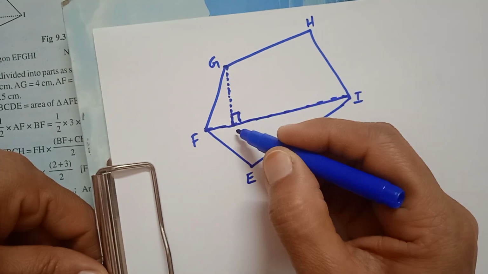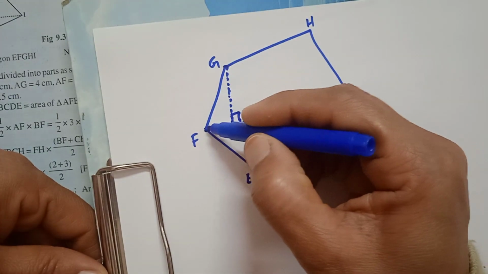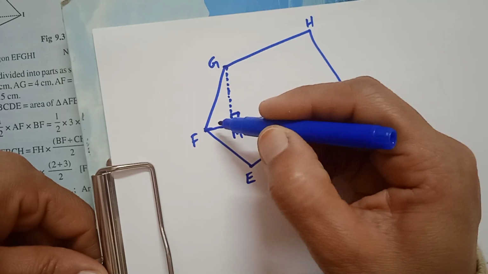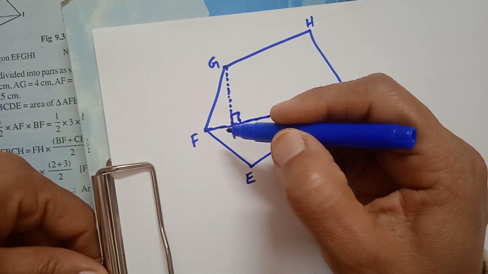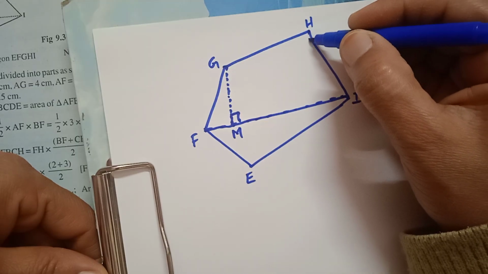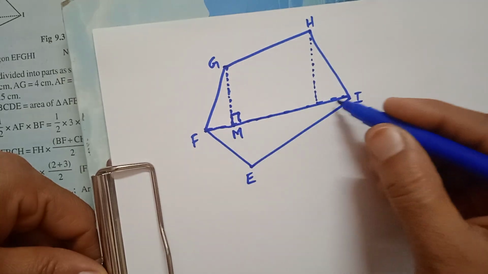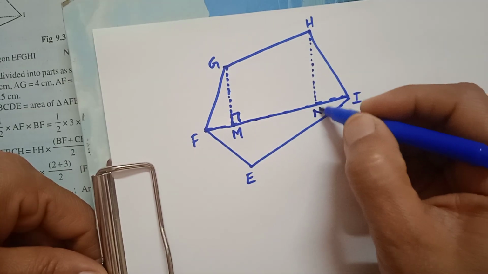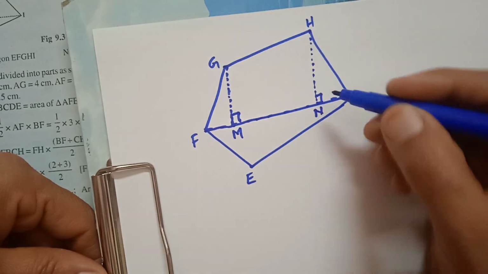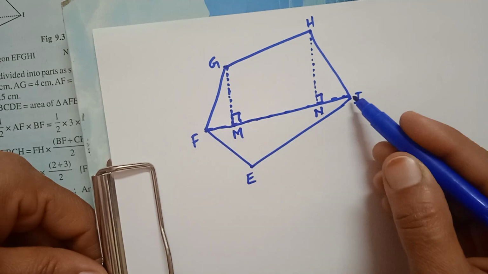Say this point is M. So this becomes a triangle. Now you can find the area of this triangle again by the formula half into base into height. Then here again you have to draw one more perpendicular from H to FI, say at a point N.